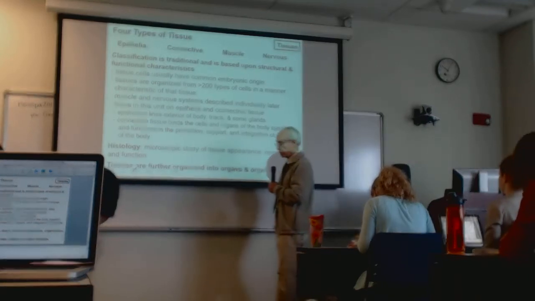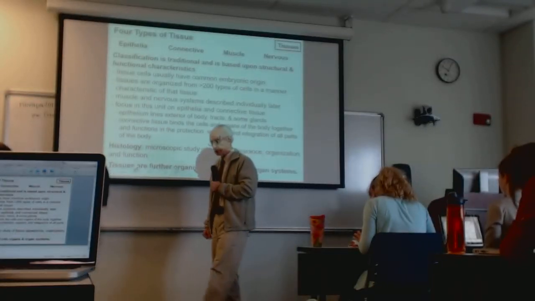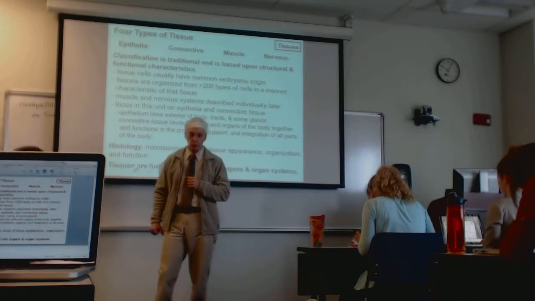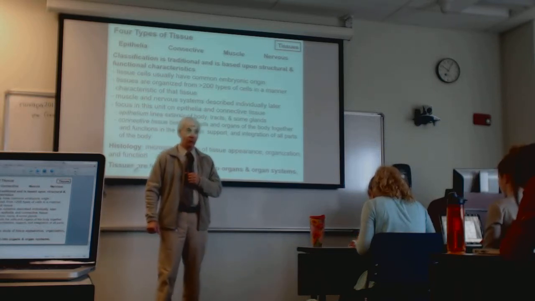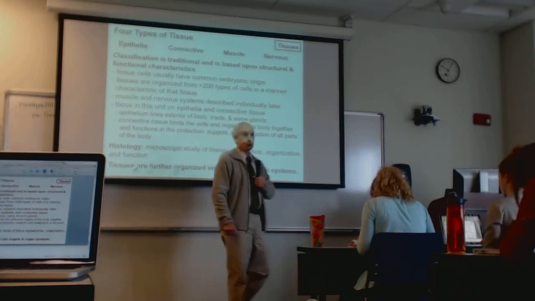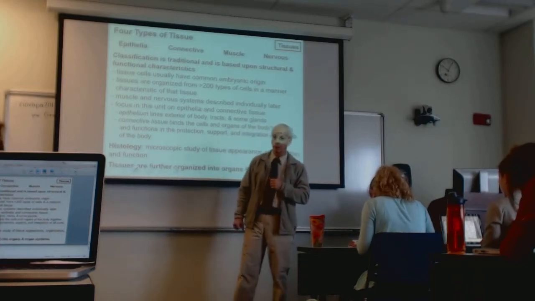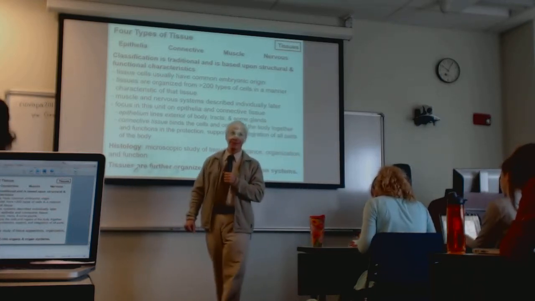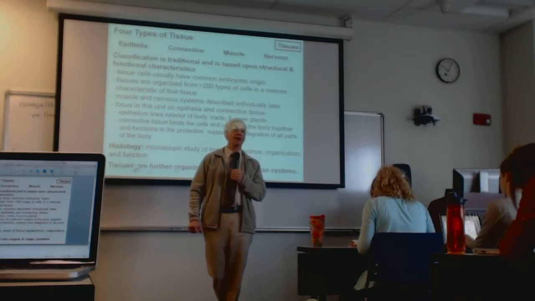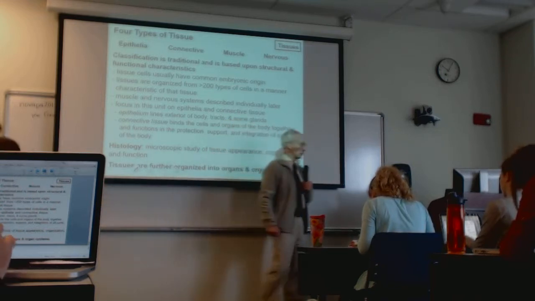So we have the various types of epithelium. For example, the GI tract is lined with epithelium, the respiratory tract, the genitourinary tract. In addition, epithelium can also line ducts, the interior ducts that are not actually connected to the exterior of the body.